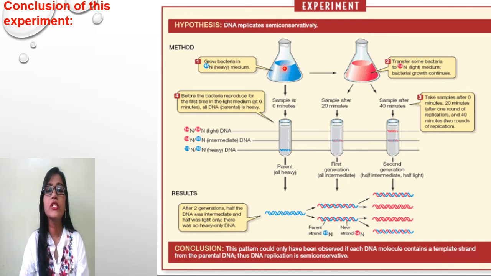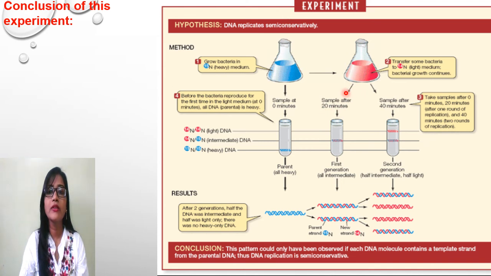After 20 minutes, they transferred the same E. coli cells into the next broth, or the next medium. So they transferred some bacterial cells to this N14 medium. Now this red colored medium contains the N14 isotope.